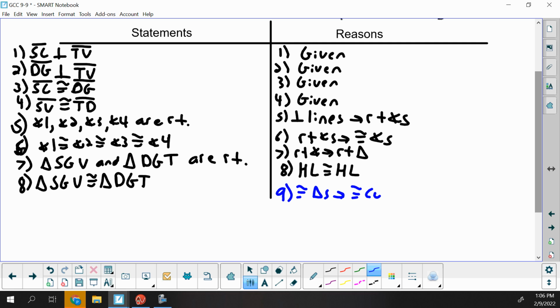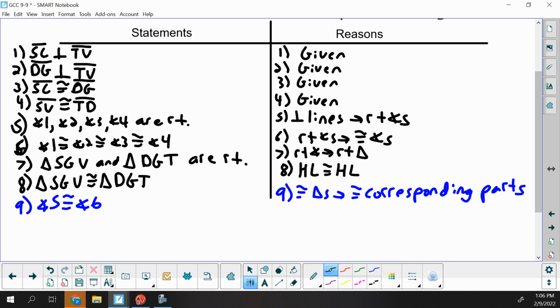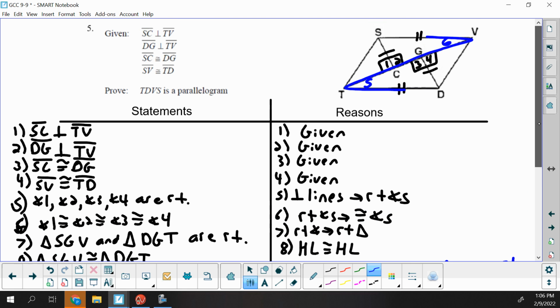So we're going to do our congruent triangles implies congruent corresponding parts. And we'll have angle 5 congruent to angle 6. We said they were congruent in our proof, so now we'll mark them up in our picture.